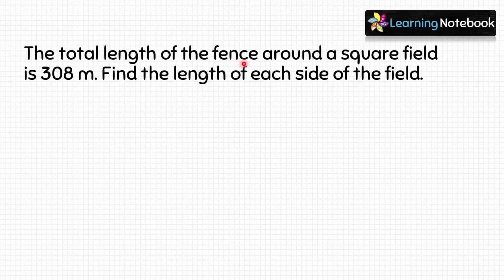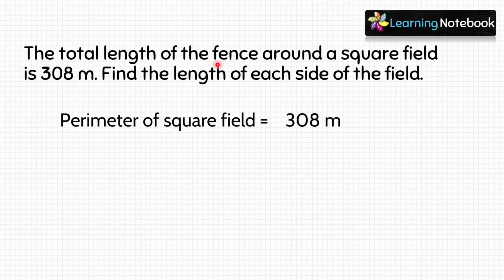And what is fence? Boundary. So it means we are already given with the perimeter of this field. And this field is a square field. So let's write perimeter of the square field equals to 308 meters.